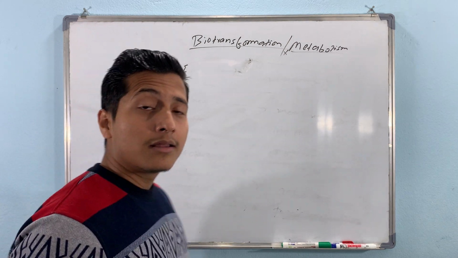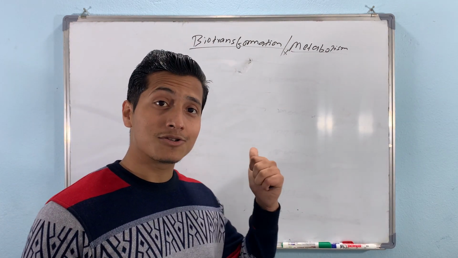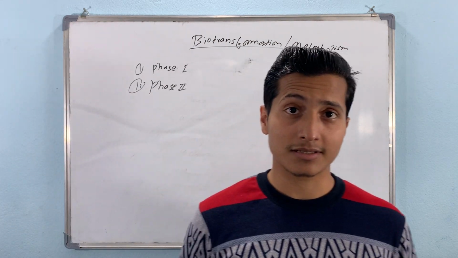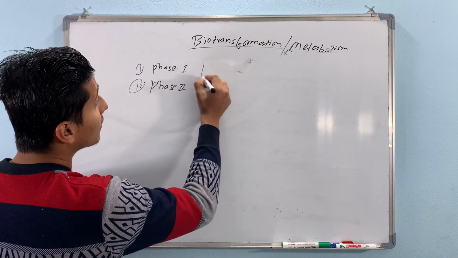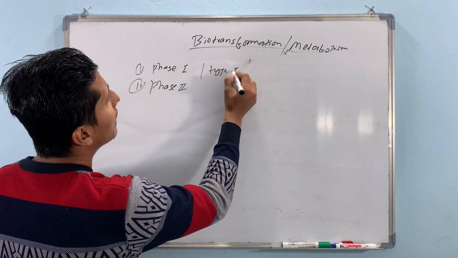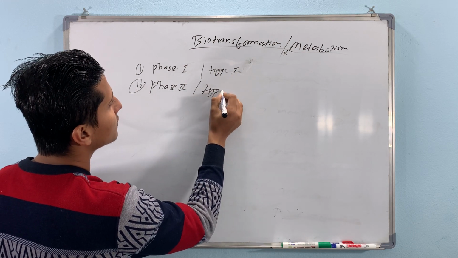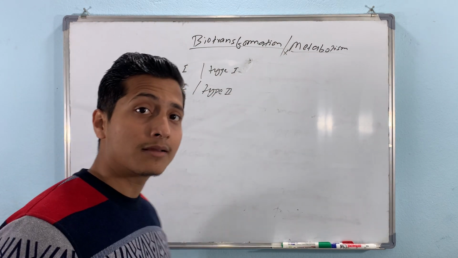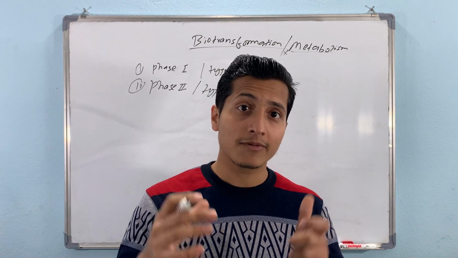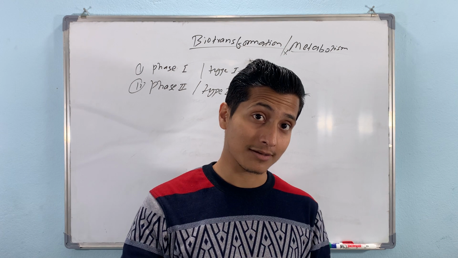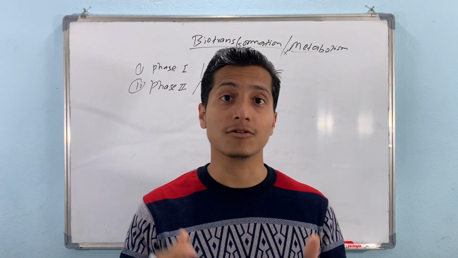You know what? The term phase one and phase two is not actually correct, because there's actually type 1 and type 2 reactions. Because whenever we tell phase 1 and phase 2 reaction, we tend to think that they are reactions that occur in sequence, but that's not right.